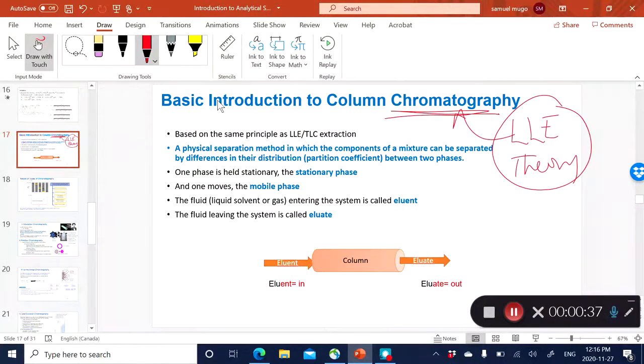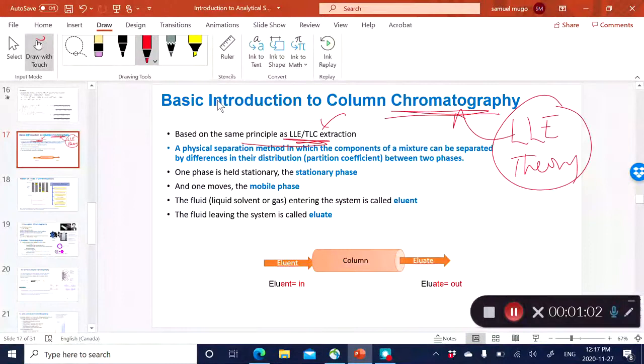And so in this lecture, I'm gonna very briefly introduce you to column chromatography. Most of you know a lot about it. And as I have said, it follows the same principles as liquid-liquid chromatography, or even traditional thin layer chromatography, which I'm gonna mention in the next slide.